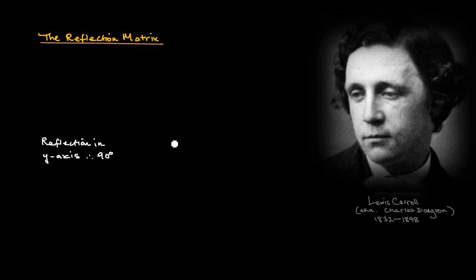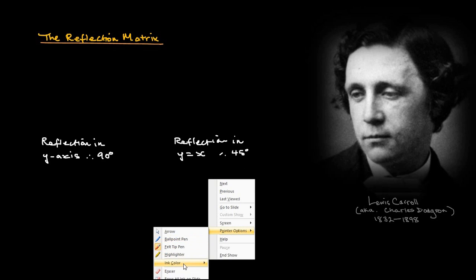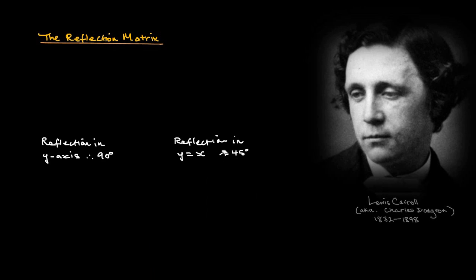We'll also have a look at reflection in y equals x, so the diagonal y equals x, therefore reflection at 45 degrees, although remember both of these go through the origin, so this 45 degree line has to go through the origin, otherwise we can't use the method we're going to use now.